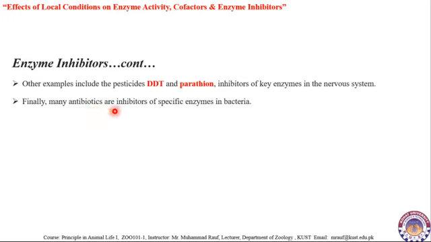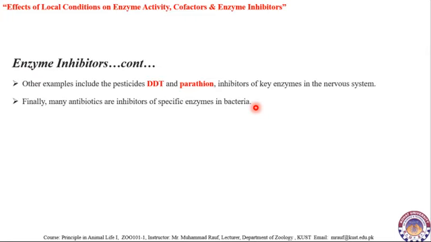Finally, many antibiotics are inhibitors of specific enzymes in bacteria. Now, the majority of bacteria are pathogenic to mankind. They cause a lot of diseases, and mankind has developed ways and means, an armory, to minimize the pathogenic effects of bacteria, and one of the potent drugs is antibiotics, which are used against bacteria.